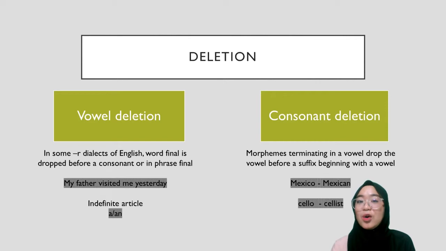And then cello: the person who plays cello is called a cellist. I believe that you have a lot more examples. How about Europe, and then for people who live there, you say European. See, that's the difference.